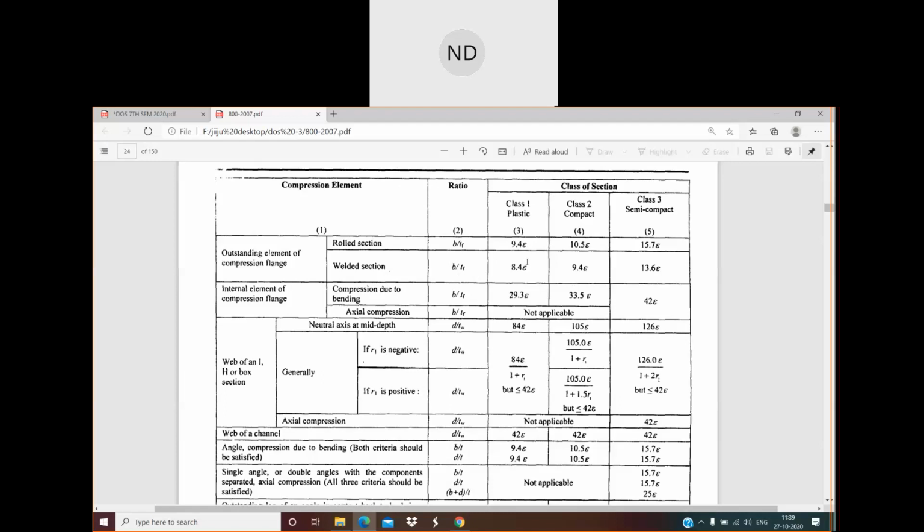We have assumed that our section is plastic, it has to be, so it should be 8.4 epsilon.